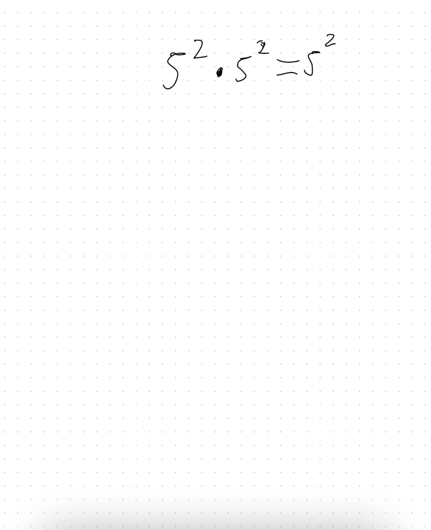So this is going to be equal to 5 to the 2 plus 2 power, which equals 5 to the 4th. Okay? And if you want to simplify that further, that'll equal 625. Sometimes if the exponents are too big, you cannot simplify it further. But in this case, you probably could.